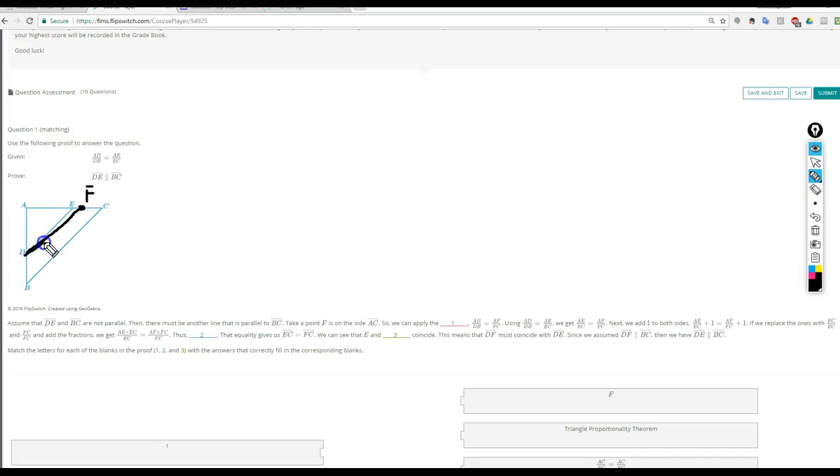I know it's not drawn accurately, but they're saying that from D to F would be parallel.